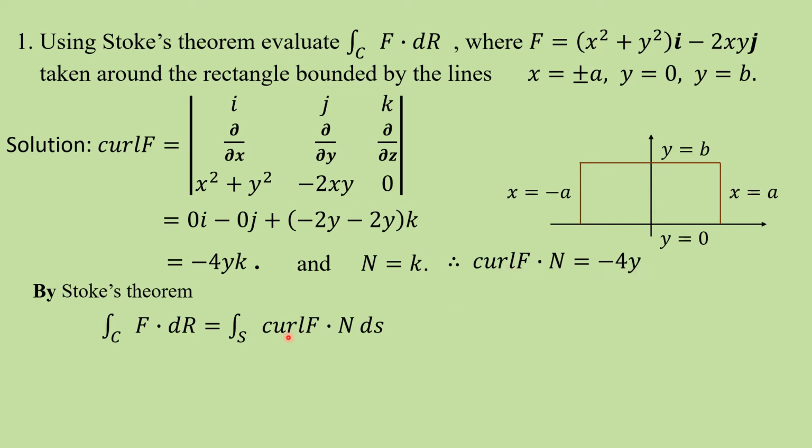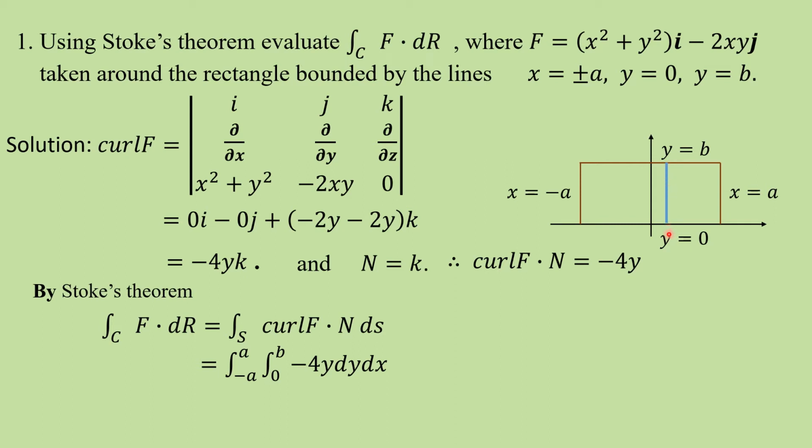So we have to integrate that over the surface, which is now a double integral. We have to integrate minus 4y over this region. I can integrate with respect to x first and y next, or y first and x next. I have taken y first, which means when we integrate with respect to y, we treat x as constant, along this vertical strip where x is constant.